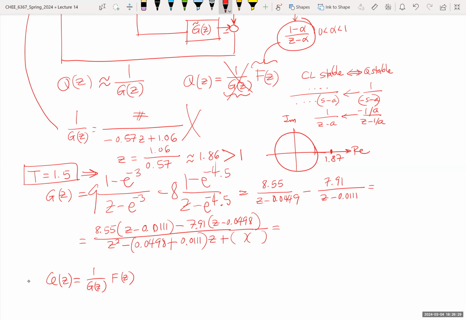And the numerator now is equal to, let's do this together. So it's 8.55 minus 7.91. So it's 0.64 z. And help me with this times this plus this times this. Point 489, and it's plus or minus?